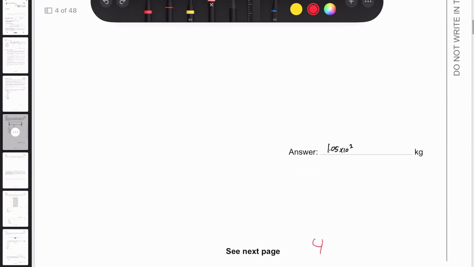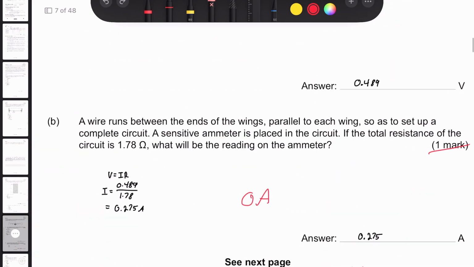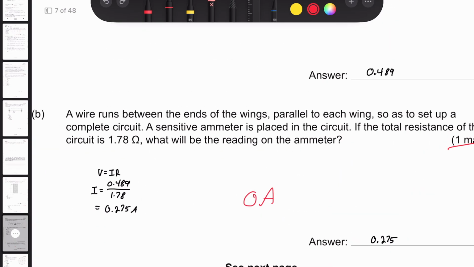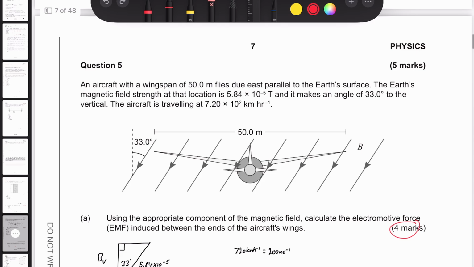So let's get started. It's going to be a long marking session. Here, it is 0 because the net EMF would be 0. This is a complete circuit with a sensitive ammeter. Someone said there will be 0 net EMF because it's a closed loop inside a magnetic field. EMF is induced in both sides of the coil but in opposite directions.